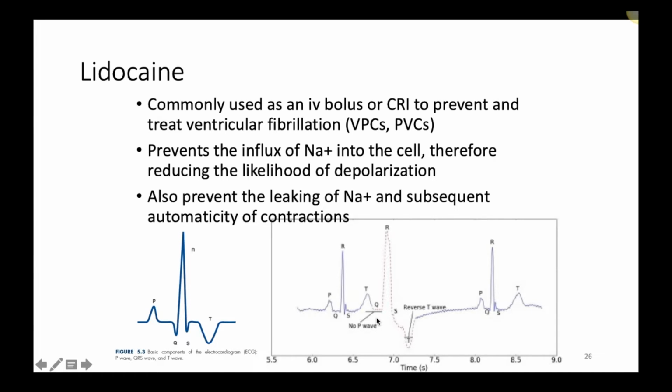Essentially when the atrium is supposed to contract on this wave, the ventricle just pushes it out of the way and decides to contract. So this is a typical VPC, where the ventricle is contracting before it's supposed to, and it looks like just a giant loop-de-loop, a giant up and then down, up and then down. So that's what you're looking for on ECGs to identify VPCs, at which point we often give lidocaine.